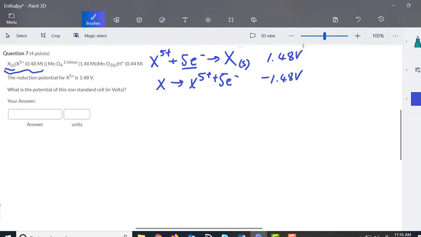If we look at the reduction potential table, we'll come up with this reaction that will match all of those ingredients. And I've taken this directly off the reduction potential table. That has a voltage of 1.70 volts.